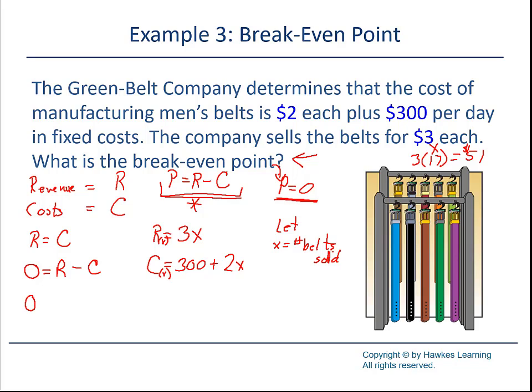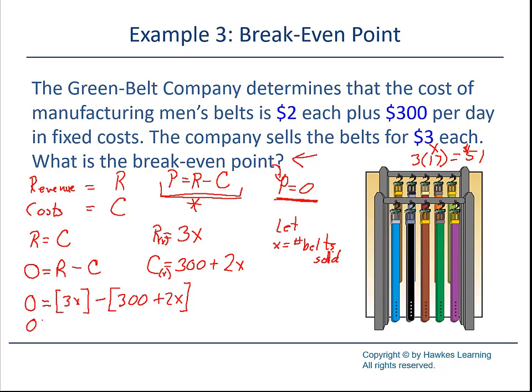So what we've got is at the break-even point, revenue is 3x minus the cost function, which is 300 plus 2x. That's going to help us find the break-even point. So what do we have?